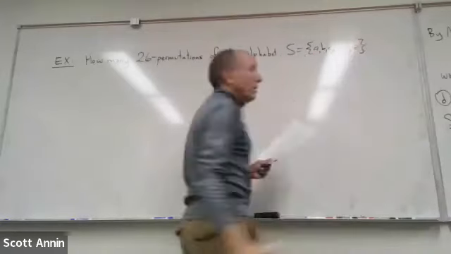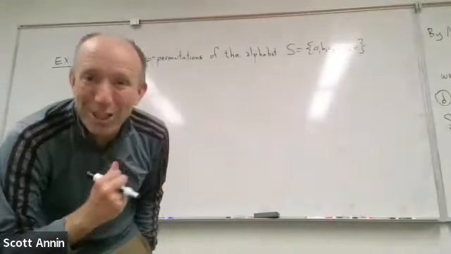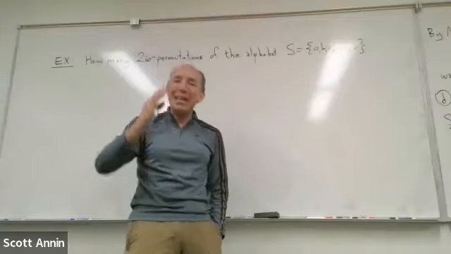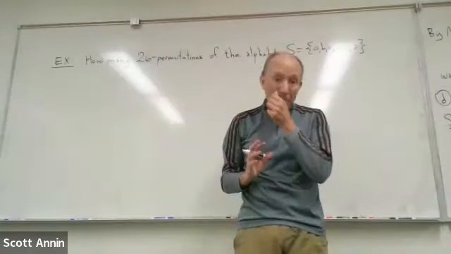And the question is, how many 26 permutations are, now if I just stop there and I say, how many 26 permutations are there of the alphabet? The answer would just be 26 factorial, right? 26 choices for which letter to put first, 25 choices for which letter to put second, 24 choices for which letter to put third, and so on.